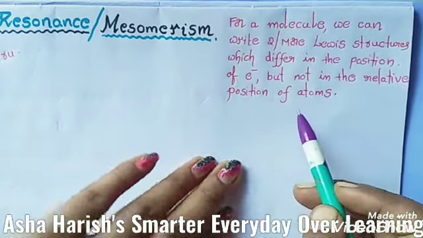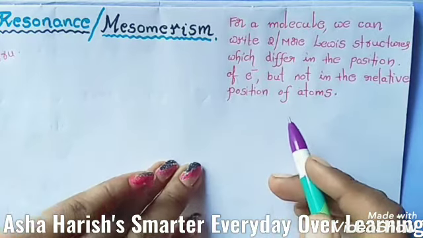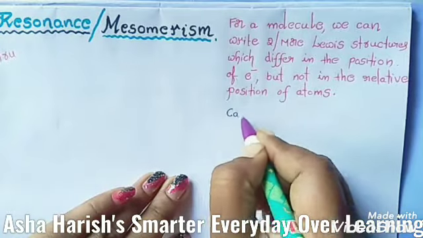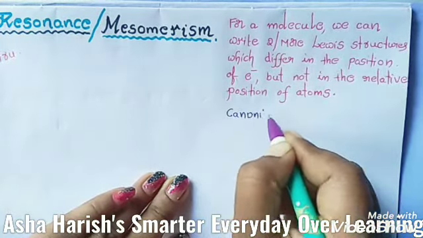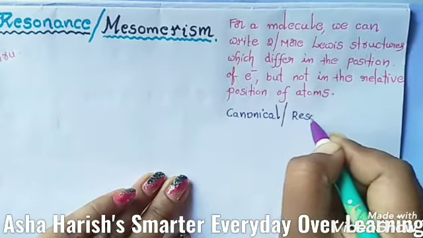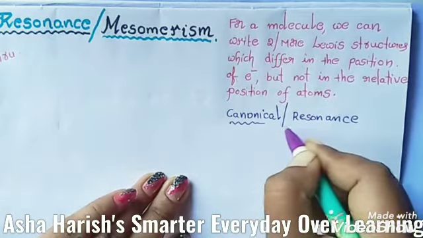The various Lewis structures, none of which is capable of describing all the known properties of the compound, are known as canonical structures or resonance structures.